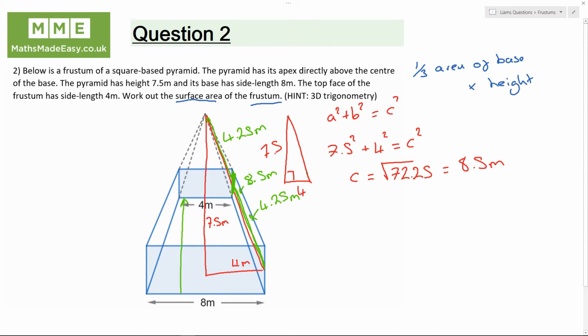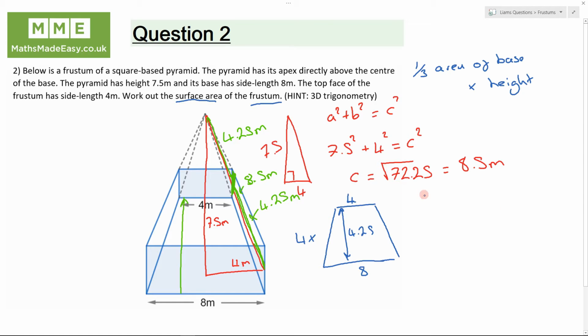Okay, so now we have the side lengths. Next we can work out the surface area of the trapezium faces. So we have 4 faces just like this. So 4 times this. So we work out the area of a trapezium by doing a plus b over 2 times the height.